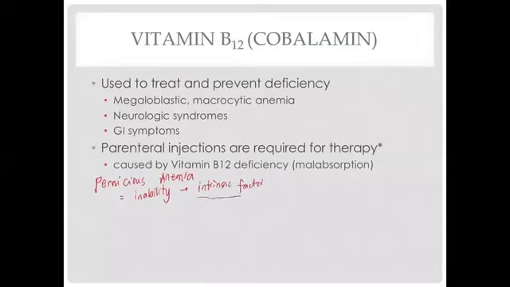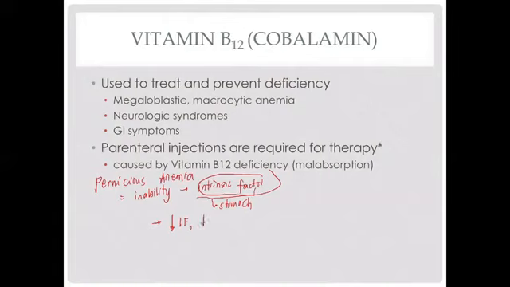Intrinsic factor is synthesized by the parietal cells of the stomach, and it aids in the absorption of vitamin B12 in the GI tract. Hence, if there is pernicious anemia, there are remarkably low levels of intrinsic factor. If there is a low level of intrinsic factor, there will be no assistance for the absorption of vitamin B12.